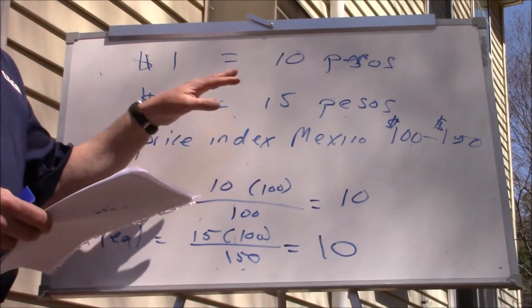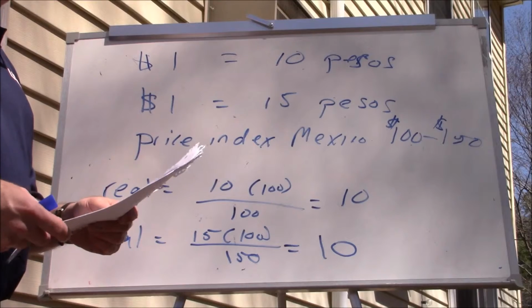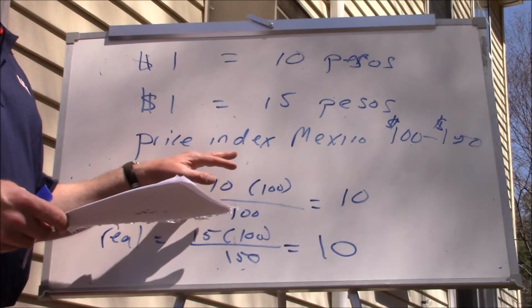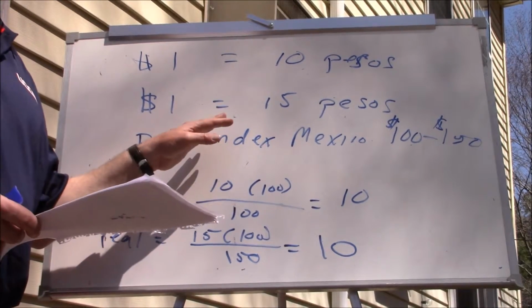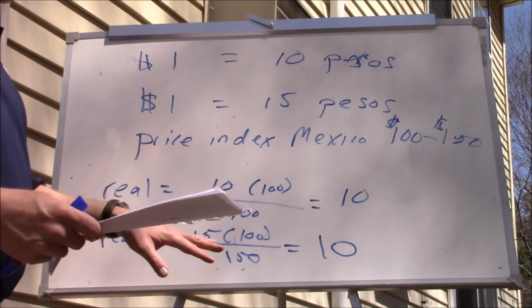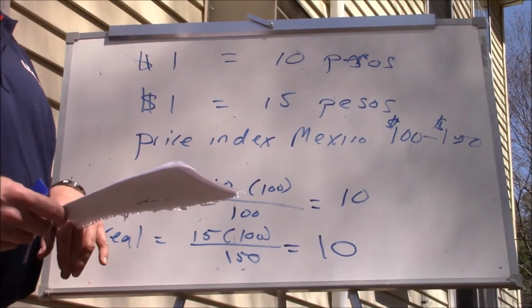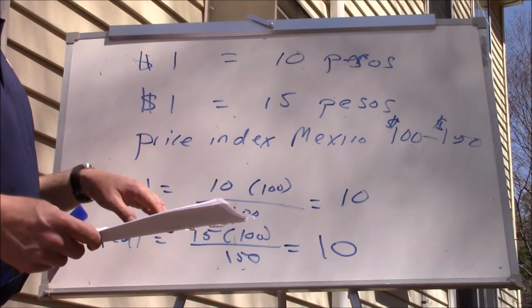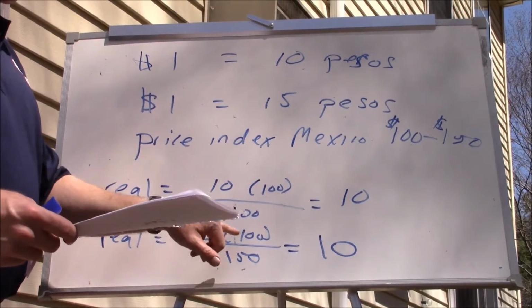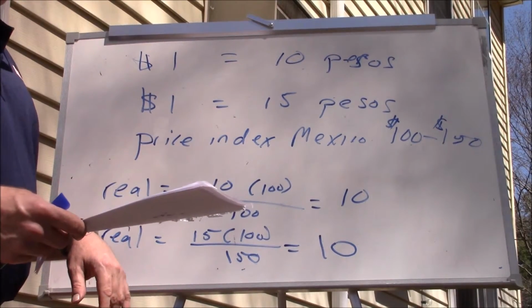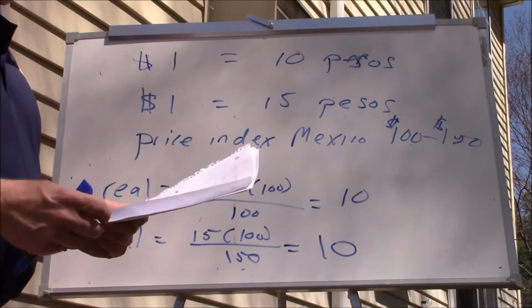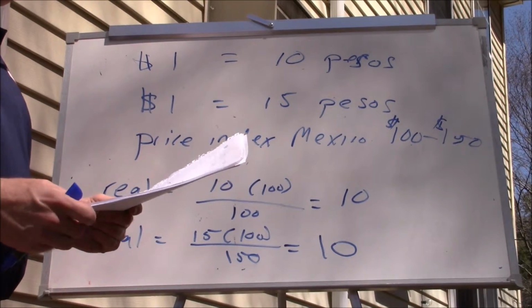After the price rise and the depreciation of the peso, if the hotel room now costs 1,500 pesos a night, it would still only cost the traveler $100, because that $100 would buy the 1,500 pesos necessary to pay for that hotel room.